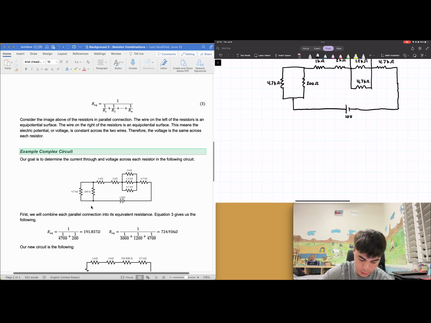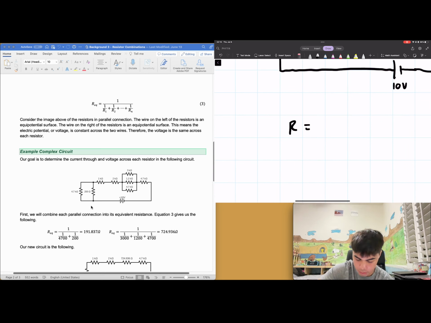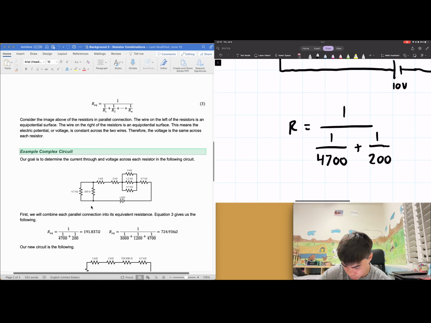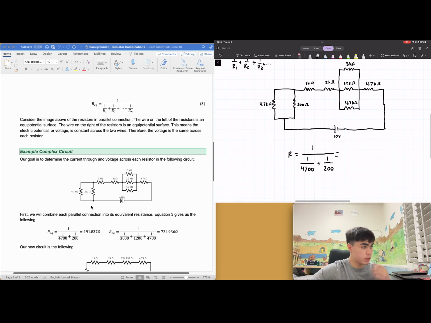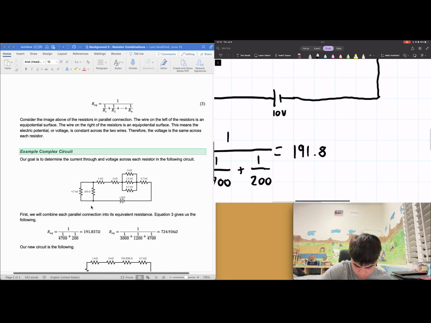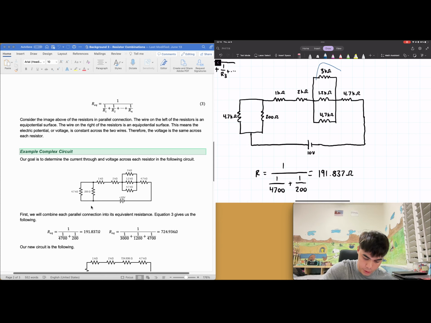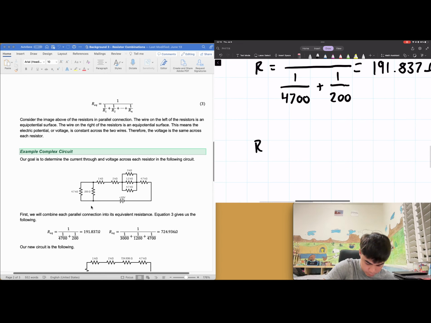So the 4.7k and the 200 ohms will combine to 191.837, and then the other parallel combination over here, that one will come out to this.